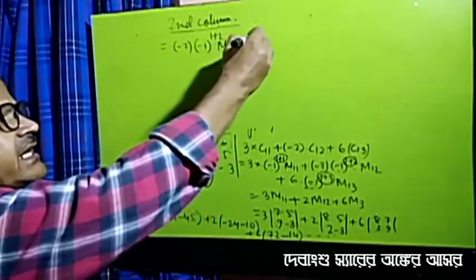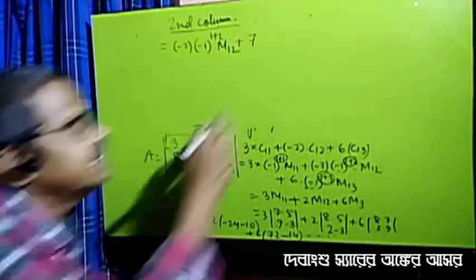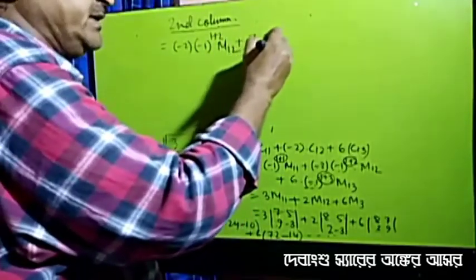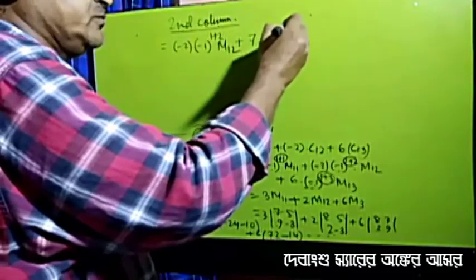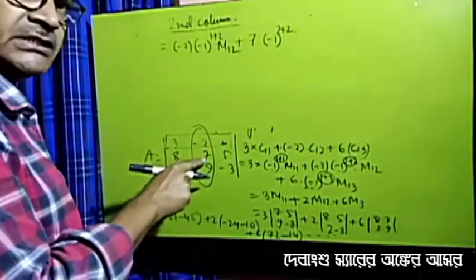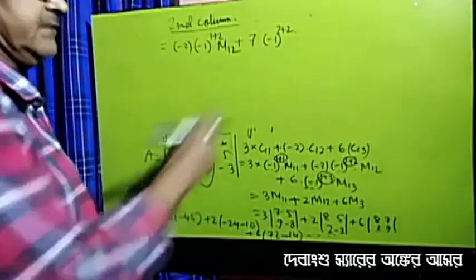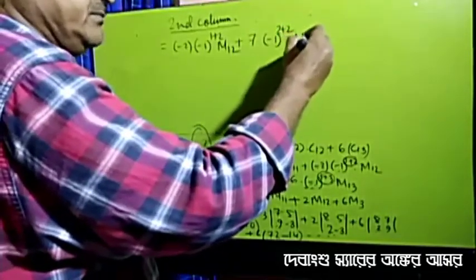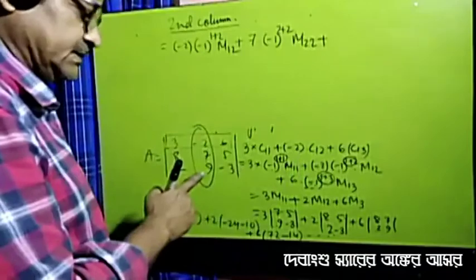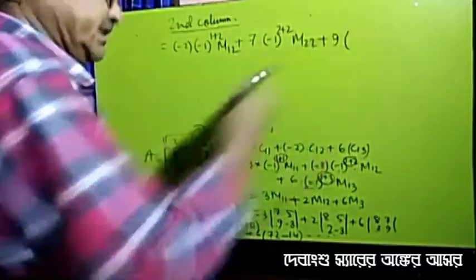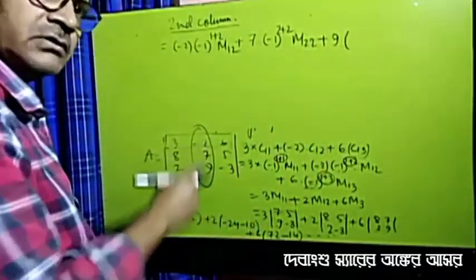Plus, second element is 7. 7 is 2, 2 element. So it is minus 1 to the power 2 plus 2, because it is second row, second column, into M22. Plus 9 is there. It is third row, second column.